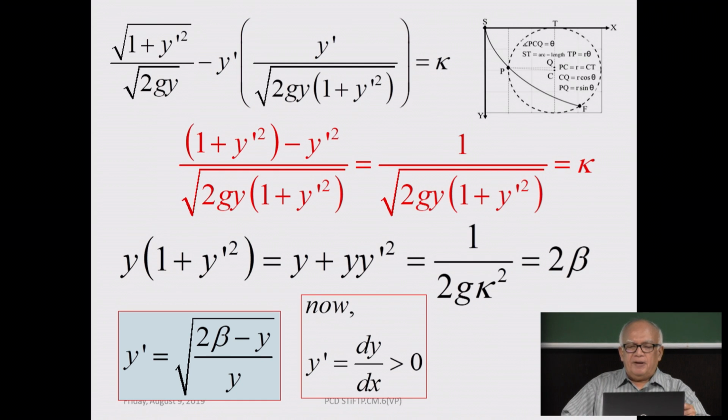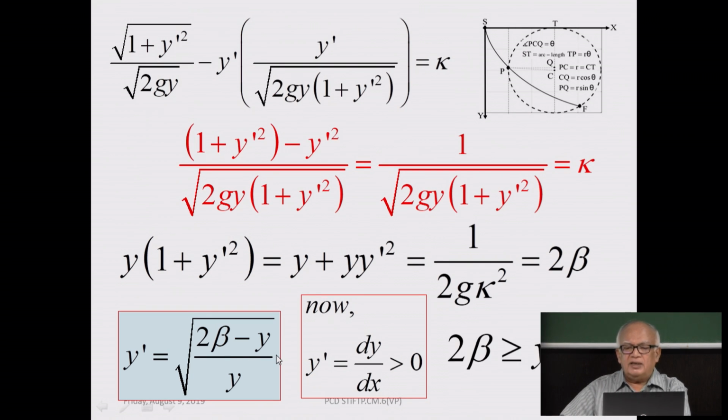So y prime must always be greater than 0, because once the marble starts rolling, there is no reason why it will reverse its direction. Okay? There are no lateral forces. So dy by dx will always have to be positive. And if dy by dx is to be positive, then the right hand side of this equation must also be positive.